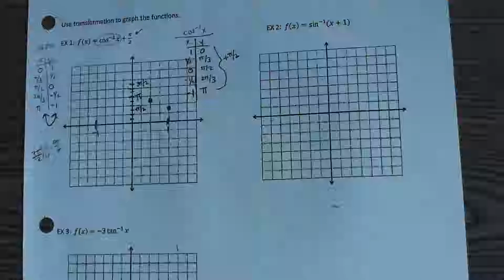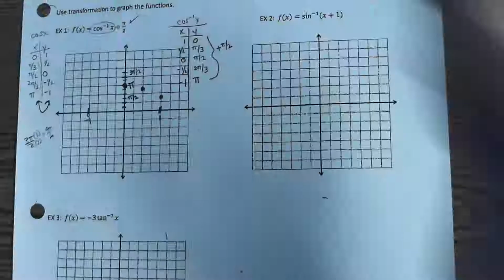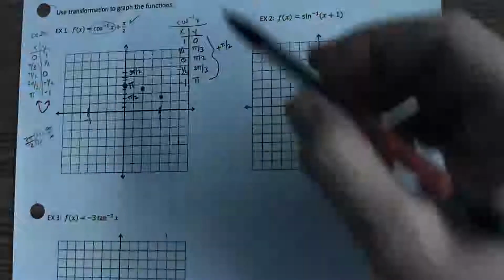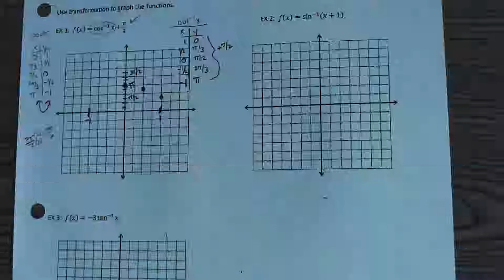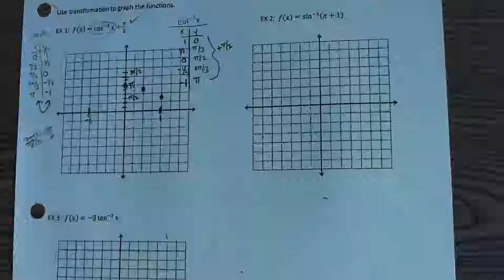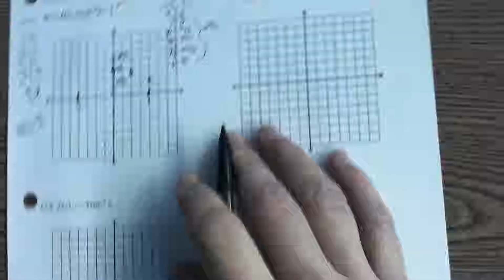Pi over 2 plus pi over 2 is just pi, so 0, pi. Two pi over 3 plus pi over 2 is going to be 4 pi over 6 plus 3 pi over 6, so 7 pi over 6.